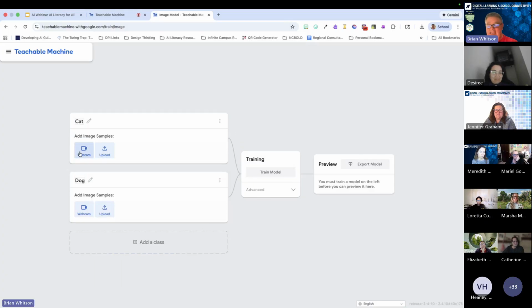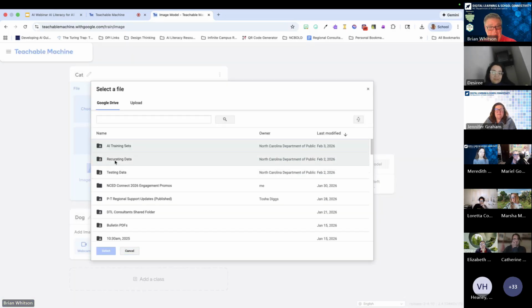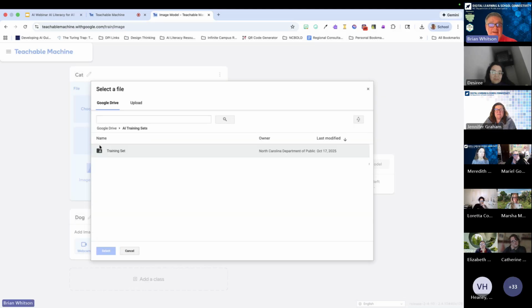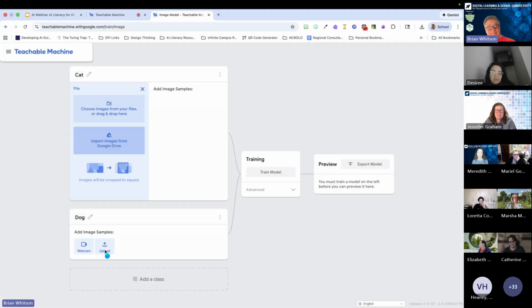And then I can either use my images from the webcam where I cut out my pictures of the cat or the dog, or I can upload, and depending on how you're set up, if you have the images already, which may be really good to go with, I'm going to go ahead and just upload all my images of cats.